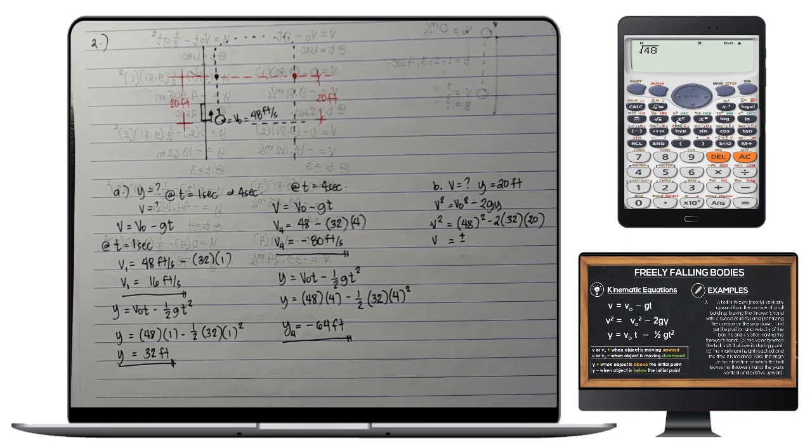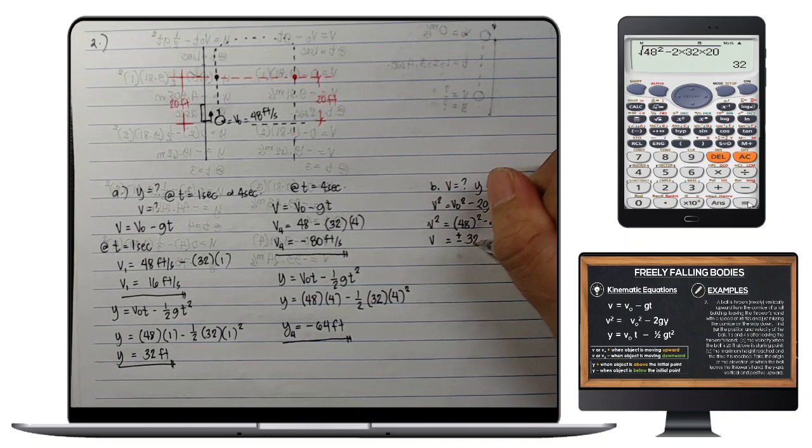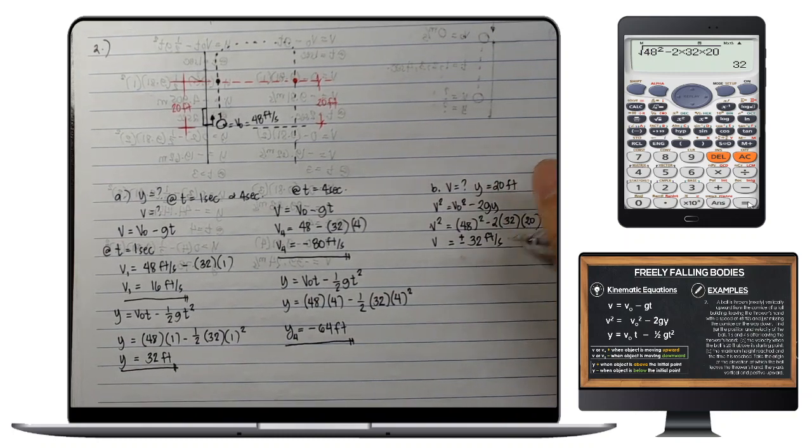Substituting, that is 48² minus 2 times 32 times 20. So, square root of v₀² minus 2gy. So, that is simply 32. So, we have it as 32 feet per second.